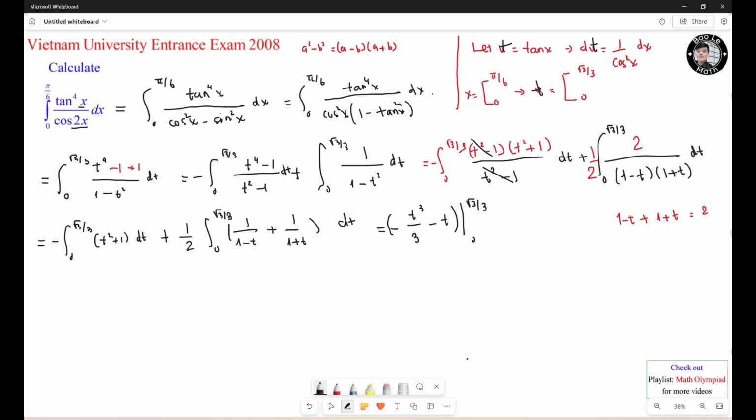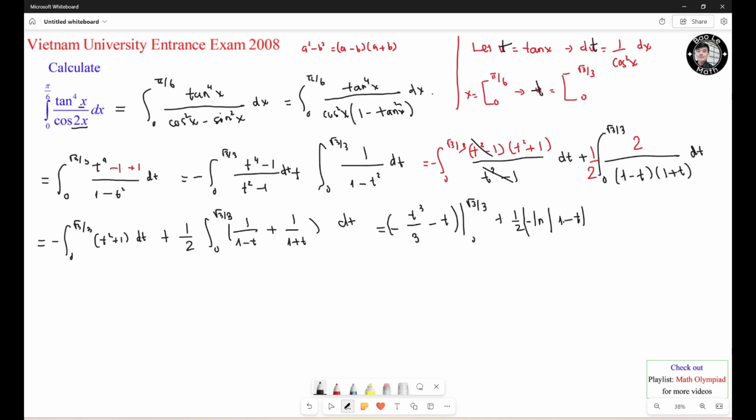Now the second one. This guy right here is going to be plus 1/2. Right, this one right here is going to be natural log of absolute value of 1 minus t. Alright, but don't forget to put the negative in front of this one.